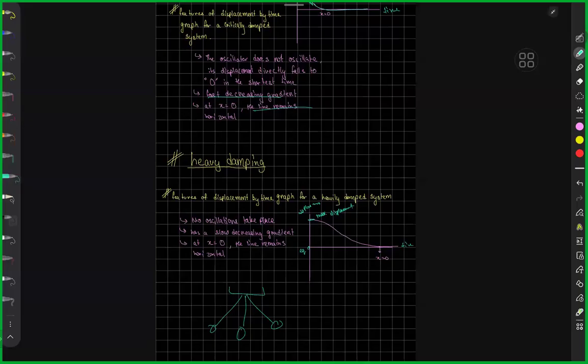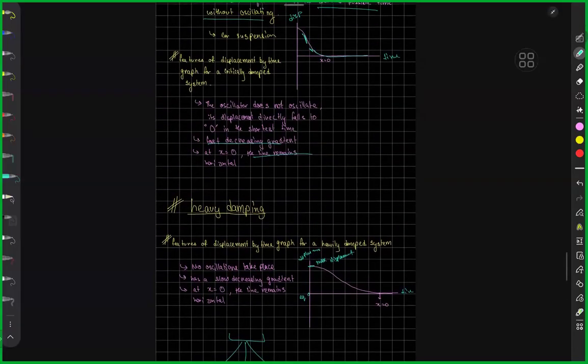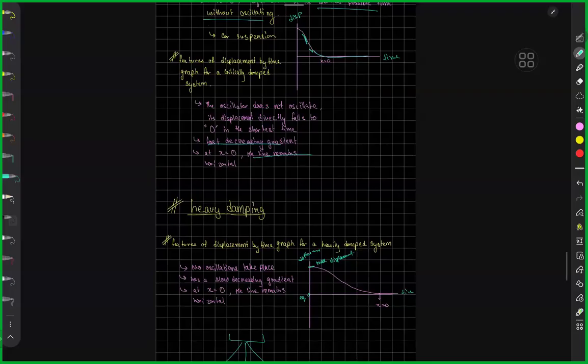So what that shows is it gradually decreases, so that coming back to the equilibrium position happens very slowly. It doesn't get shaken and doesn't immediately go to the equilibrium. It takes a lot of time to come back to the equilibrium in comparison to critical damping.